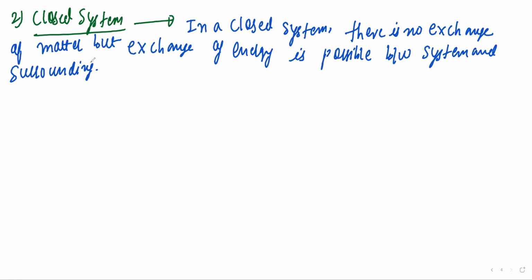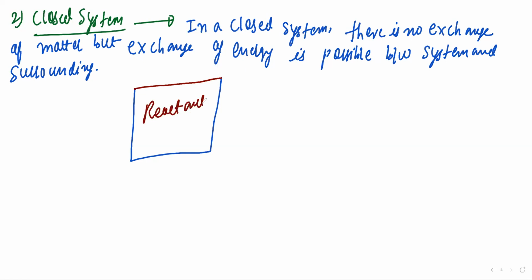Right. So see the example of it. The presence of reactant in a closed vessel made of conducting material like copper and steel is an example of a closed system. So you can draw the diagram for the closed system. This is a beaker, and the reactant is closed in the beaker.